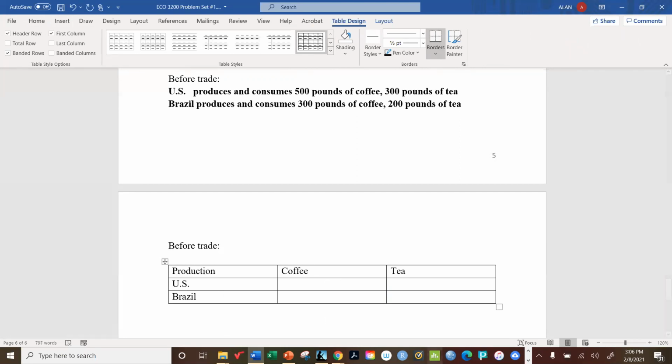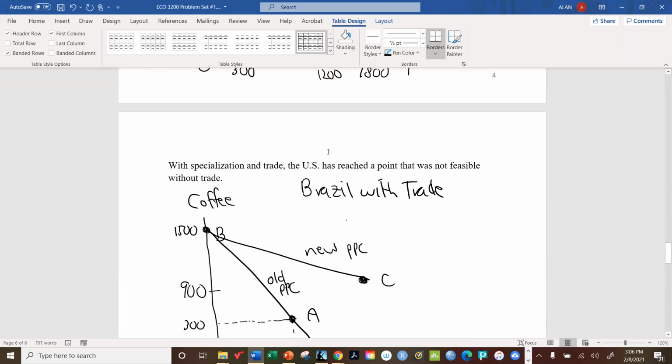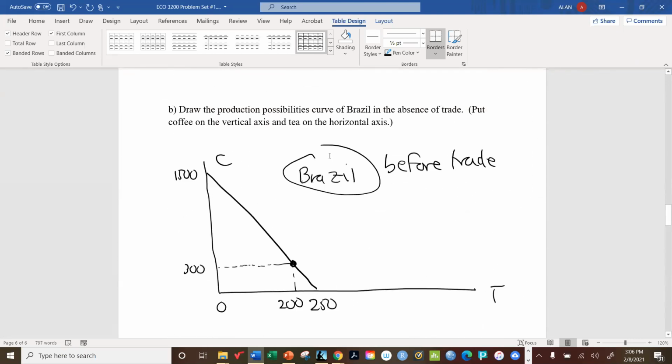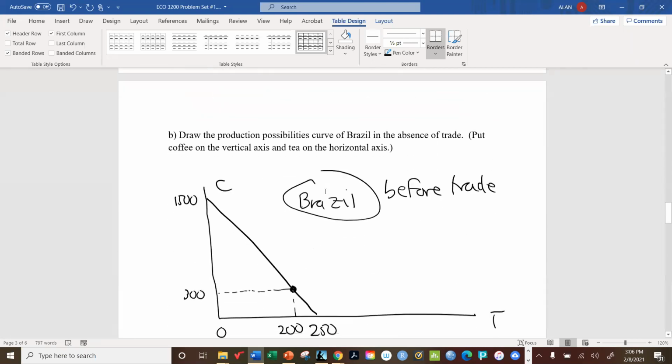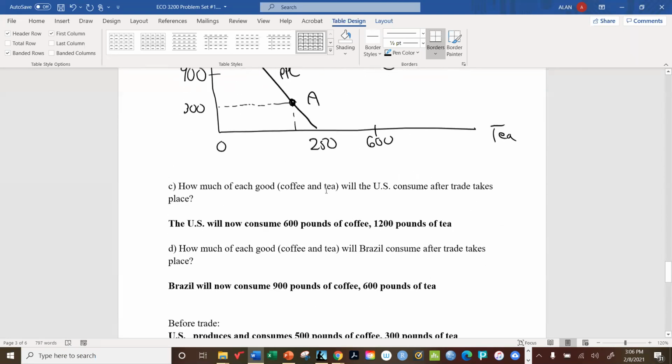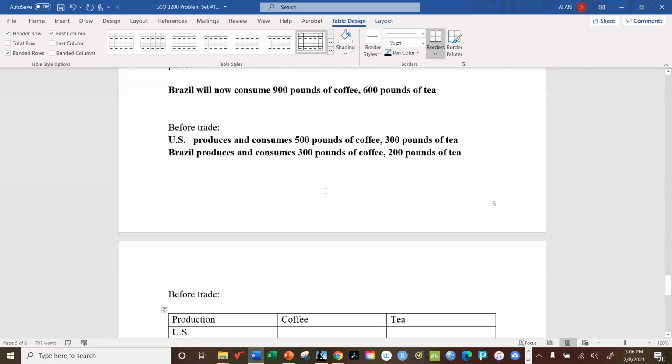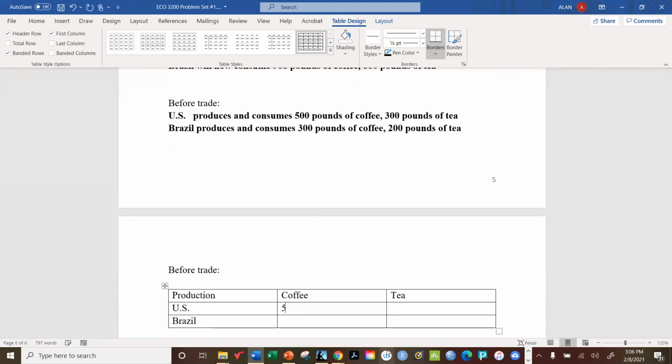This is production. So prior to trade, the US was producing and consuming, all right, that's the number we need here. So we were making, the US, 500 pounds of coffee and 300 pounds of tea. And Brazil was making 300 pounds of coffee and 200 pounds of tea.